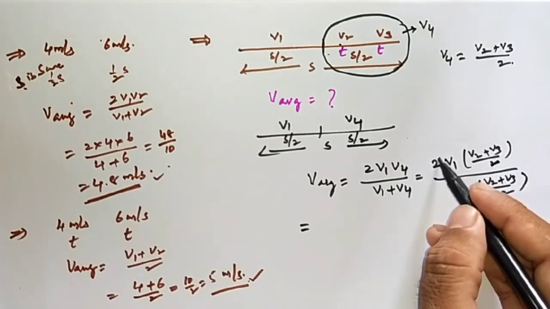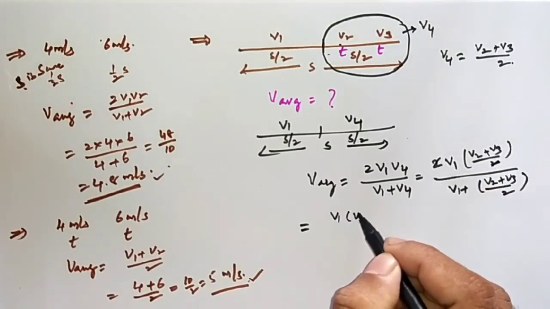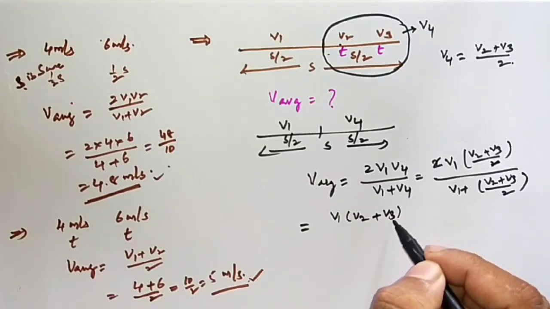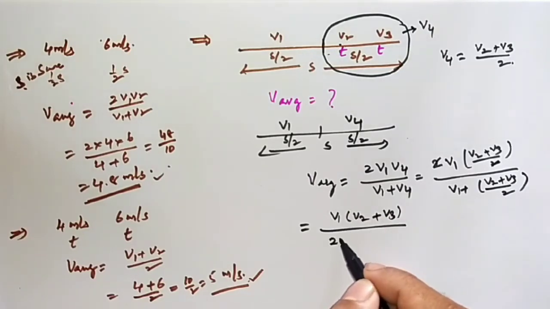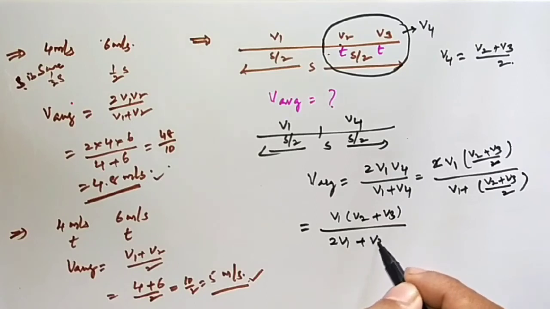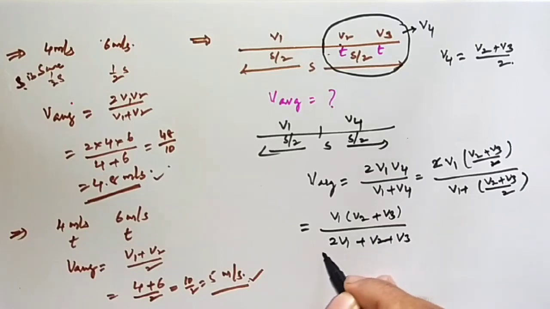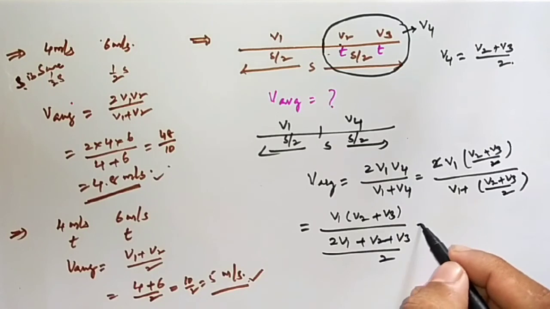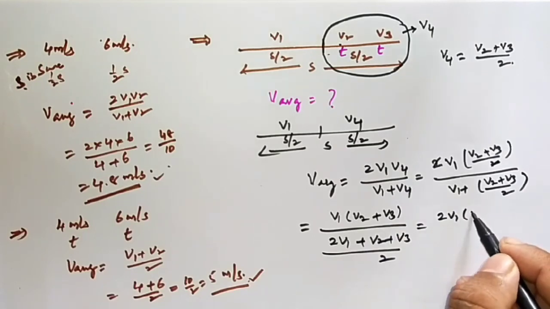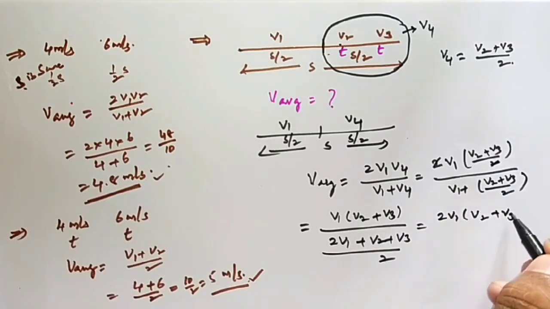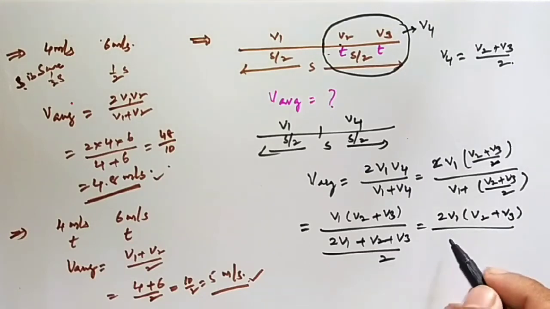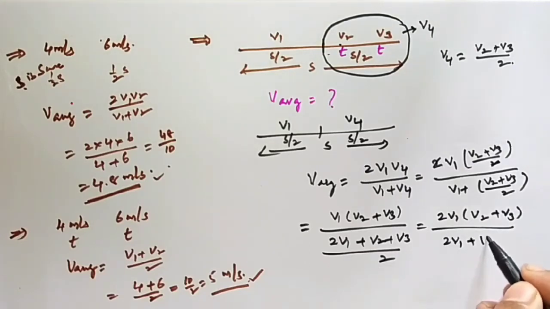Then it is v1 into (v2 + v3) by, it can be written as (2v1 + v2 + v3) by 2. If this 2 comes up, it is 2v1(v2 + v3) by (2v1 + v2 + v3). This is the average speed for the whole journey.